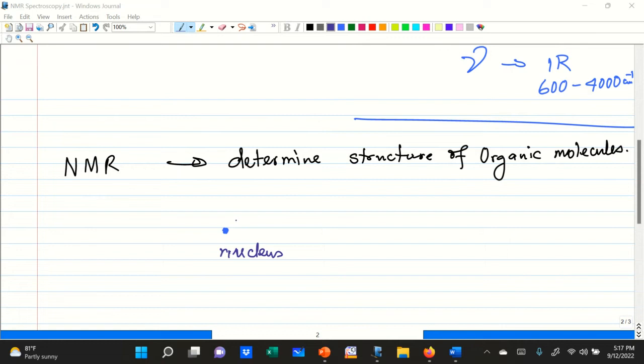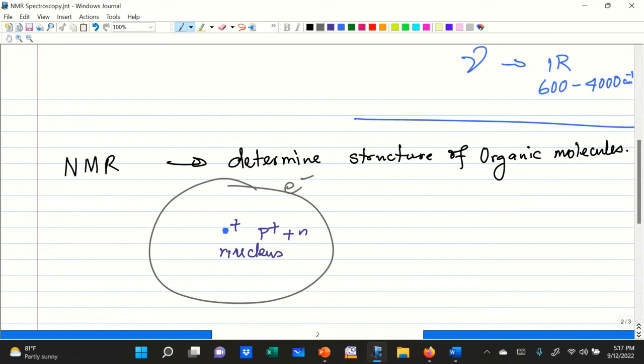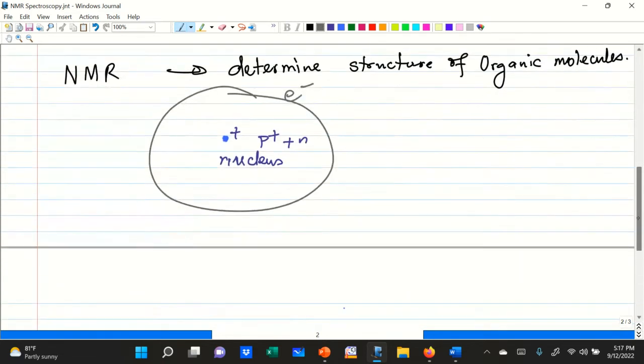The nucleus, as you know very well, is positively charged, right? Why? Because it has protons, which are positively charged. It also has neutrons. And surrounding that you have electrons, but the electron spin or motion is not in consideration in NMR at the beginning, although we will see how that has an interesting part as well.